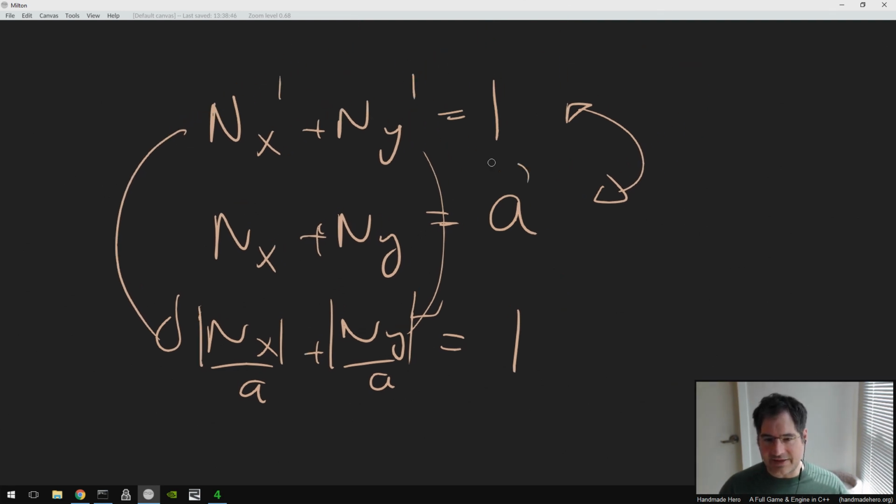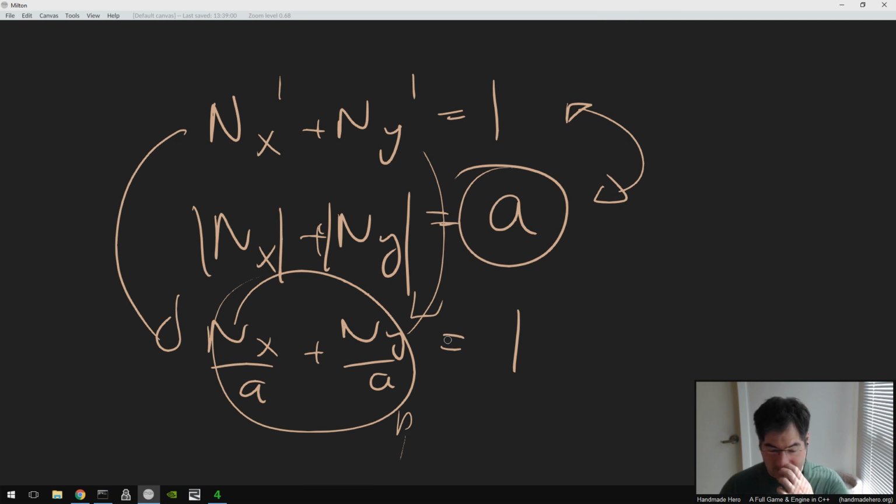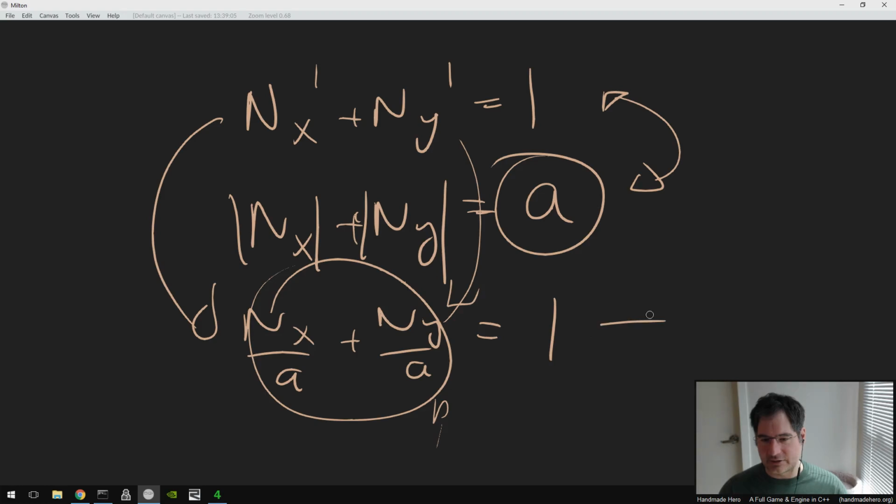So when I add these together, if I just don't let them be negative, if I use their absolute value, I would get a value that, if divided, would give me a valid sum to 1. That produces a clean linear blend for me.